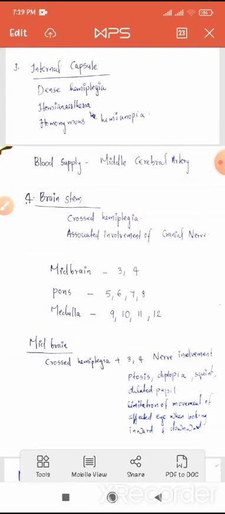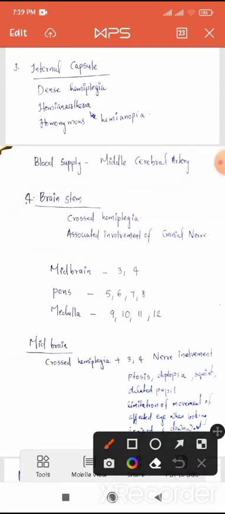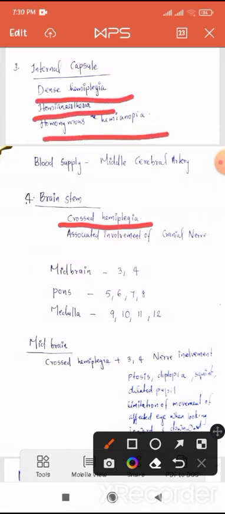So what are the three things? Dense hemiplegia, hemianesthesia and homonymous hemianopia. And the blood supply is the middle cerebral artery territory. So there also the middle cerebral artery territory is the blood supply.